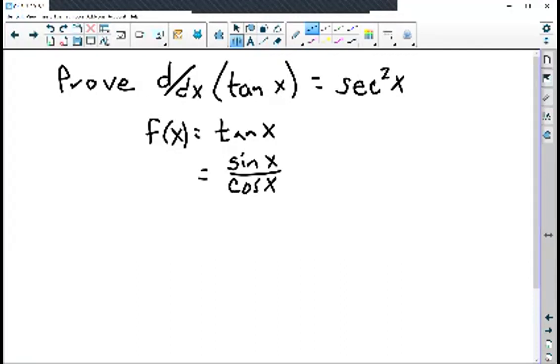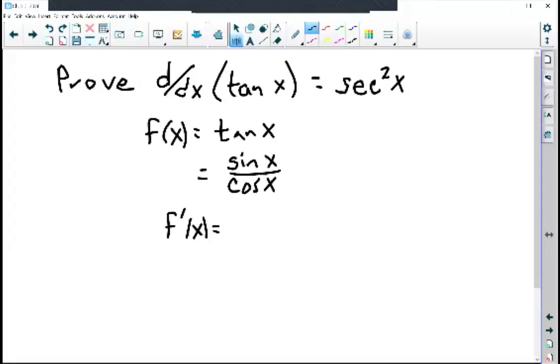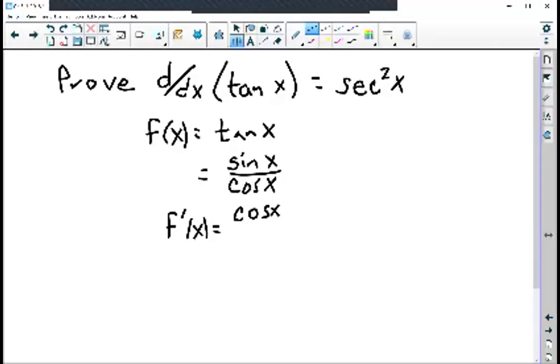So if I take the derivative, I can use the quotient rule. And the quotient rule says, let's take the denominator times the derivative of the numerator. And what is the derivative of sine? Cosine.